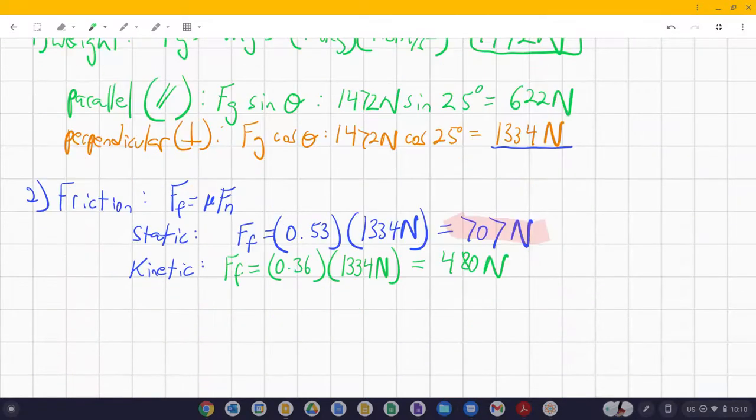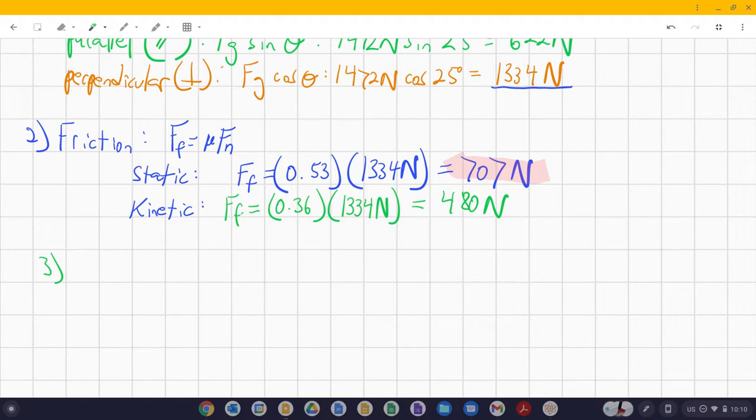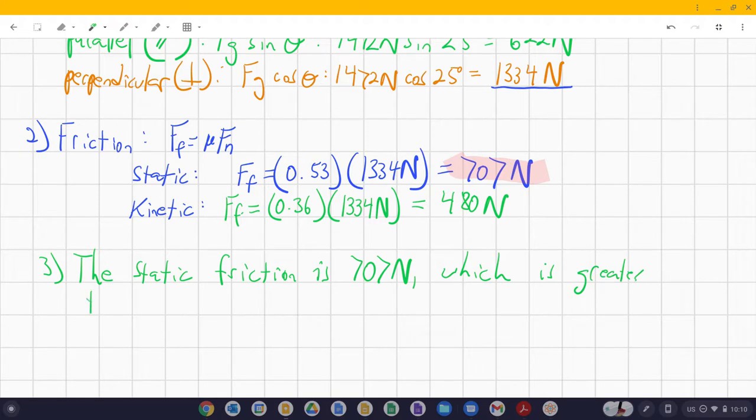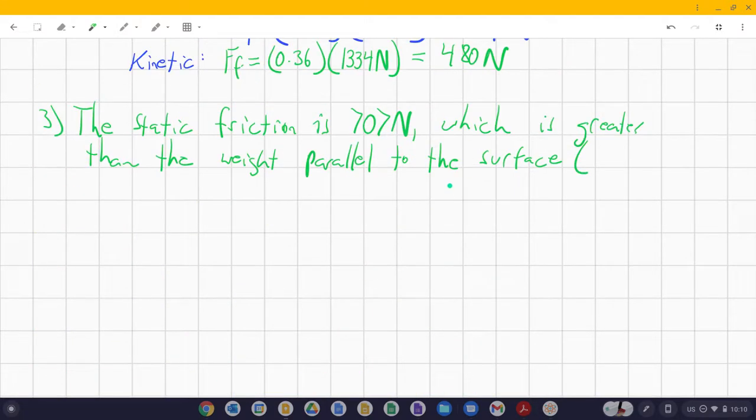And there we go. We can come to a conclusion about this physical situation here. The static friction is 707 newtons, which is greater than the weight parallel to the surface, which I'll make a note of, 622 newtons.